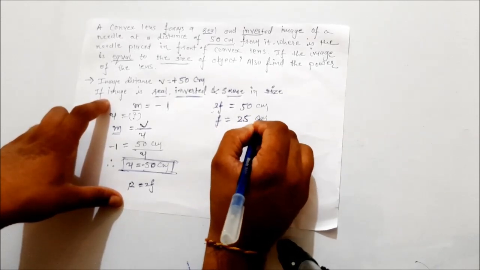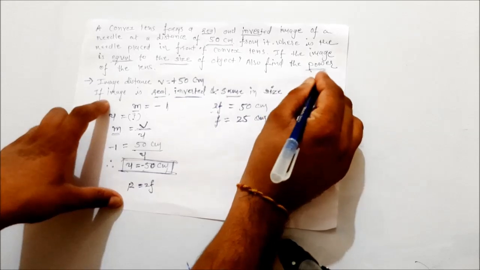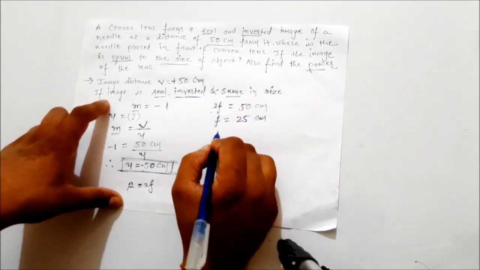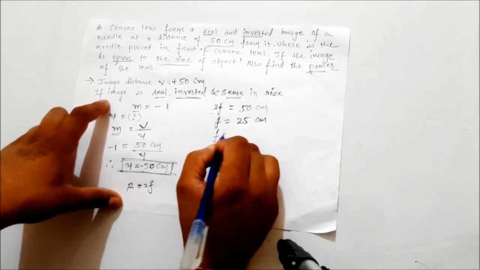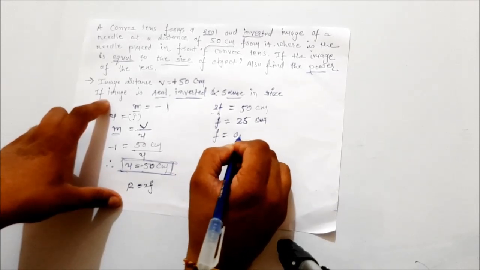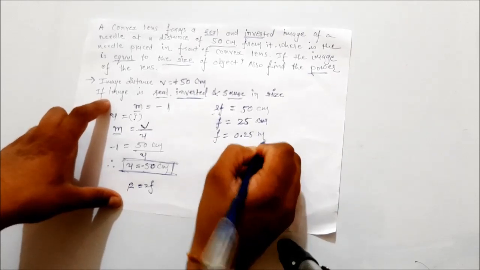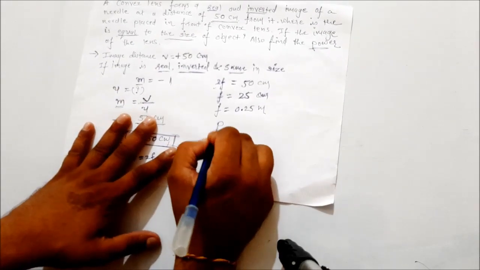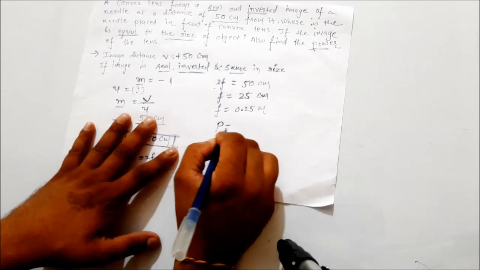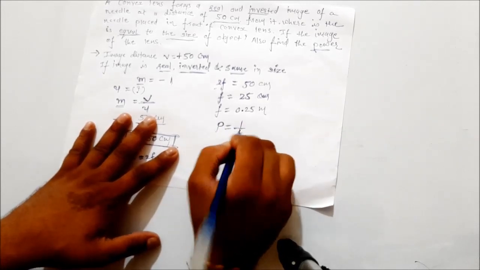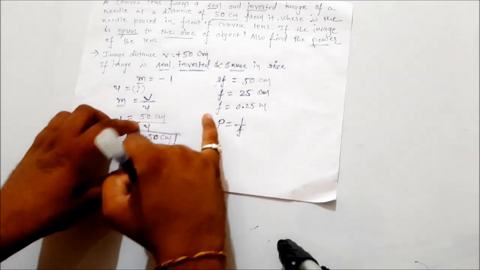We want the power of the lens, so for that we must convert centimeter into meter. The value of f will be 0.25 meter. Now power of lens P will be equal to 1 over f. Here f will be positive because we have a convex lens.